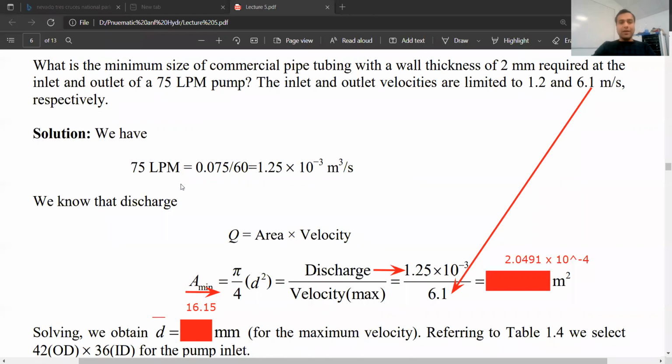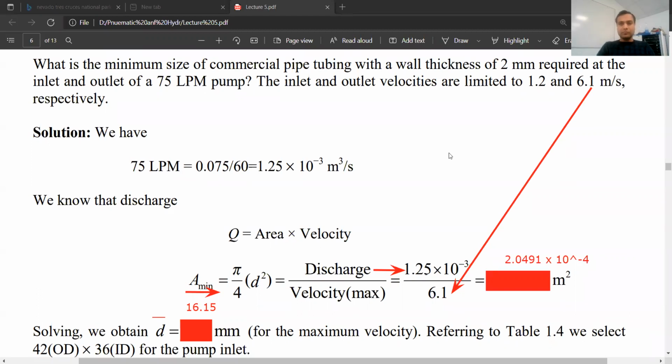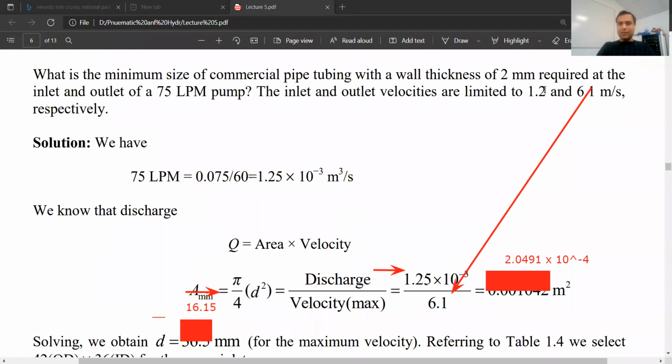Okay, so now you got that one. Okay, so we got the diameter 16.15. So that's the diameter, and the wall thickness is 2.